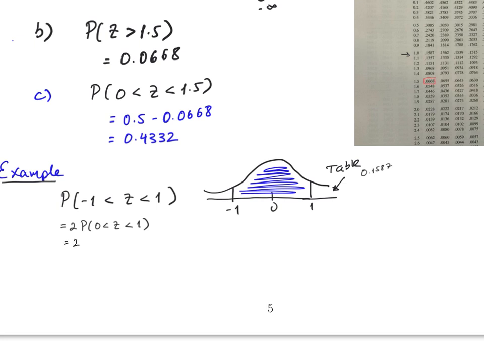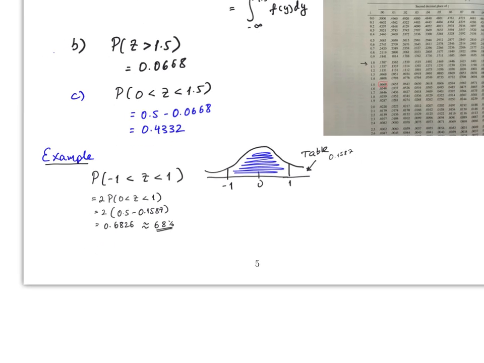So in this case, it will be 2 times 0.5 minus 0.1587, which is around 0.6826, or if you round it up, this is 68%.